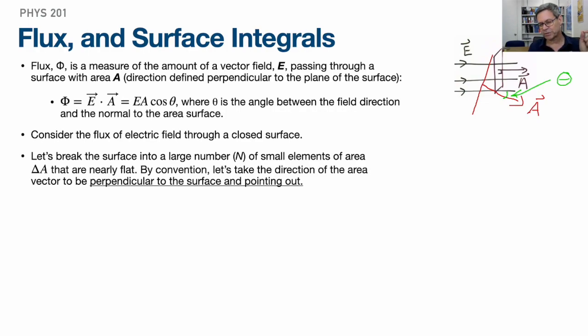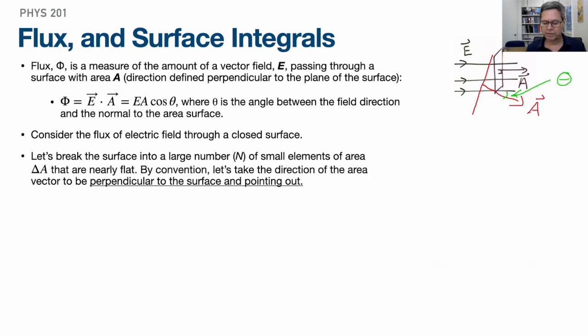Each will have an infinitesimal area we'll call delta A that are nearly flat, so we can approximate it by some sort of flat square or rectangle as we've shown in the upper right. By convention for a closed surface, the area vector always points away from the interior of the volume, so out from a closed surface.